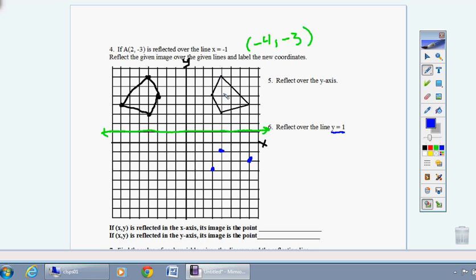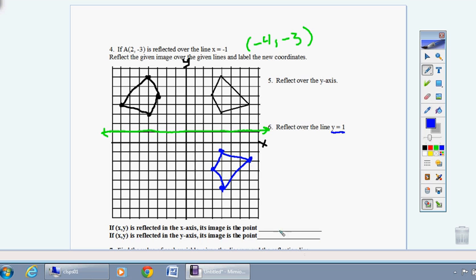Oops, I'm sorry. 1, 2, 3, 4, 5, 6. 1, 2, 3, 4, 5, 6. There we go. Okay, so if I connect my vertices here, that should give me my image.